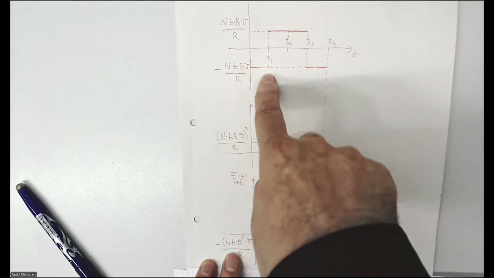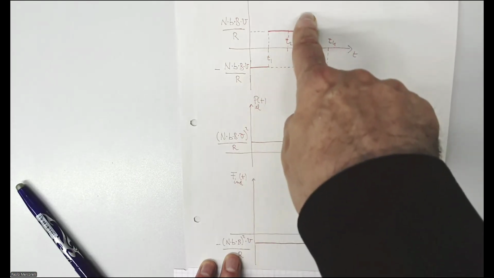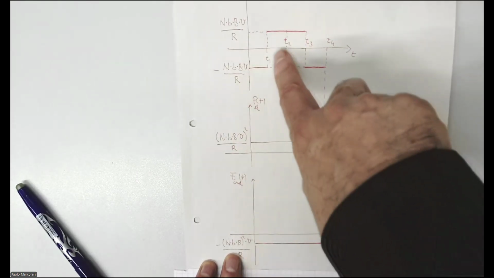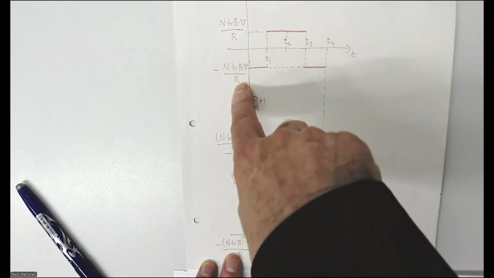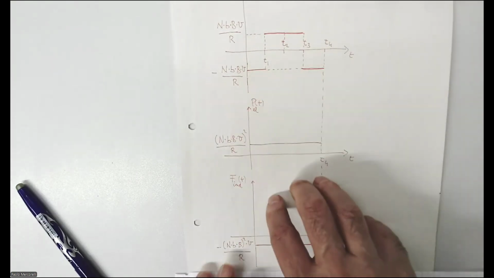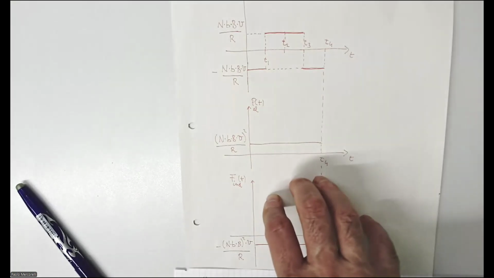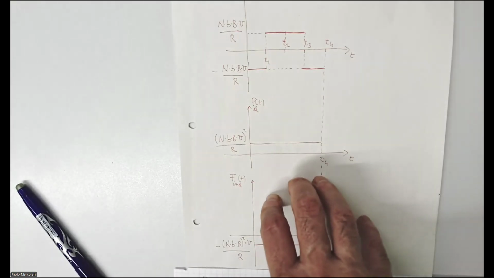It seems that here the current changed at the point T1, the direction, right? And the question is, why doesn't the brake force change?